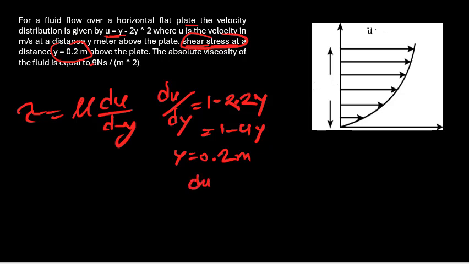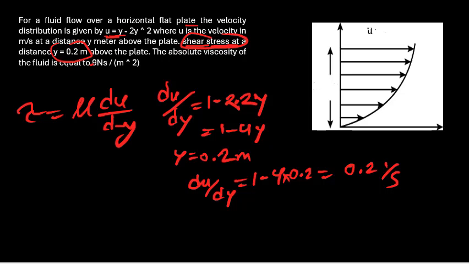Then du divided by dy is 1 minus 4 into 0.2, then we get 0.2 per second.